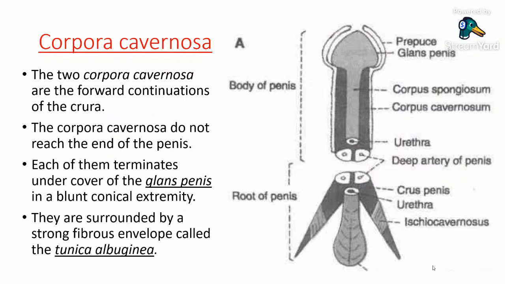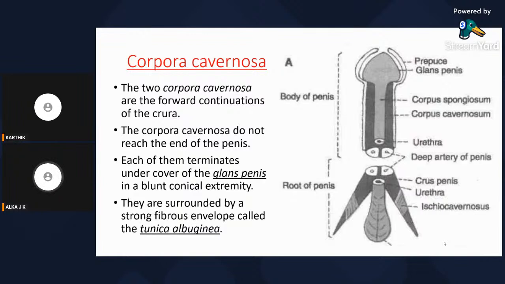If you take a transverse section of the penis, you can see the picture in the book. Each of them terminates under cover of the glans penis; while running they are parallel with each other, but they do not continue up to the glans penis. Just before that, they terminate under the cover of the glans penis, which is a blunt conical extremity.